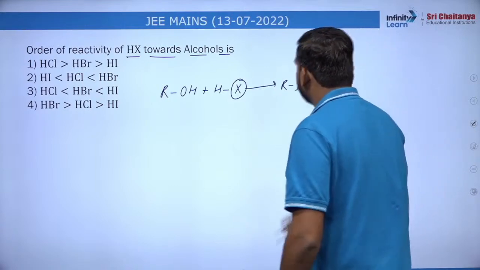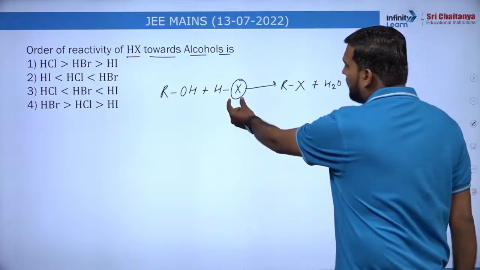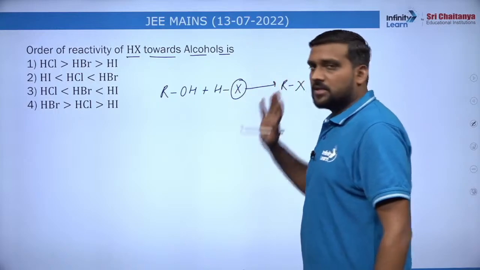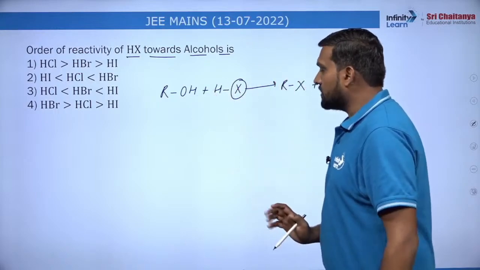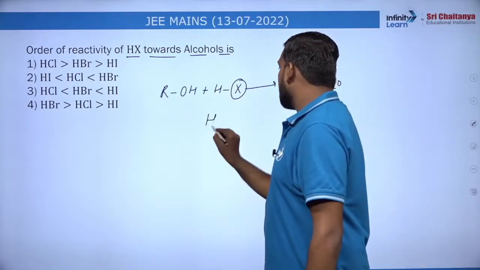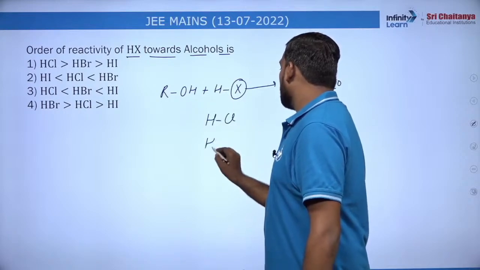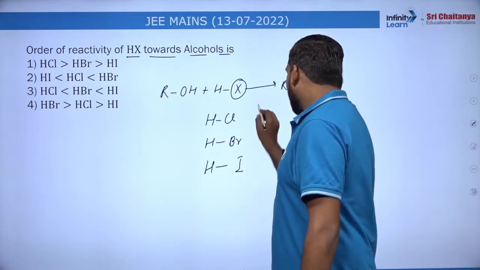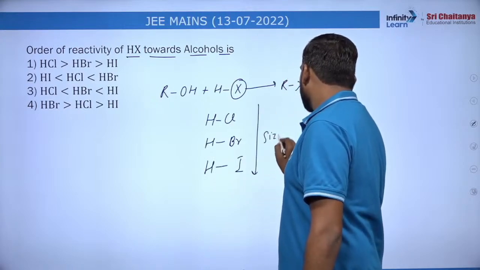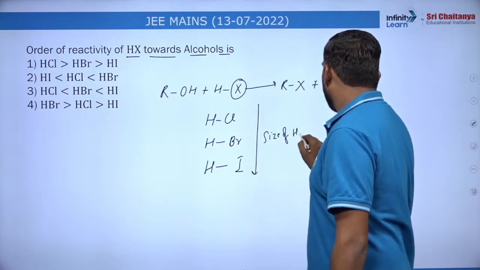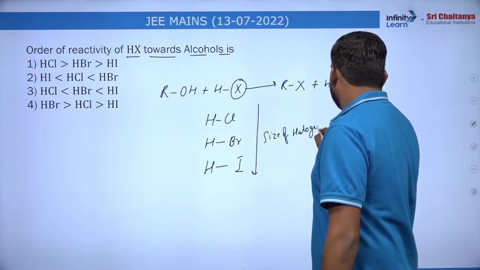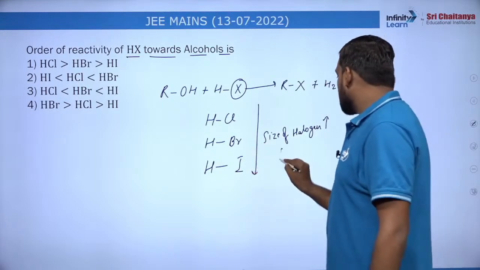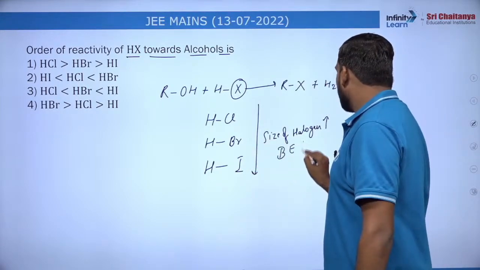Now the easier the leaving group, the easier the tendency to break the HX bond, the more the rate of reaction. So if you go for HCl, then HBr, then HI, as the size of the halogen is increasing, the bond energy is decreasing because the bond overlapping is becoming weaker.